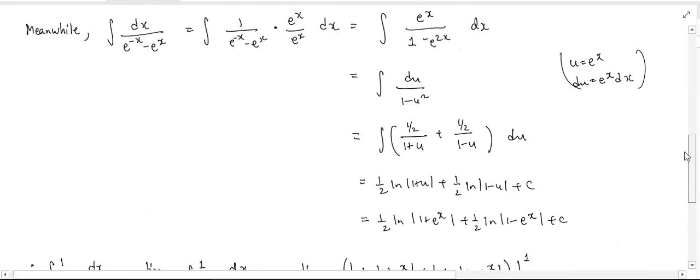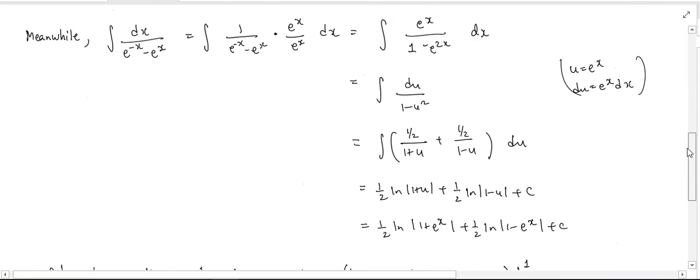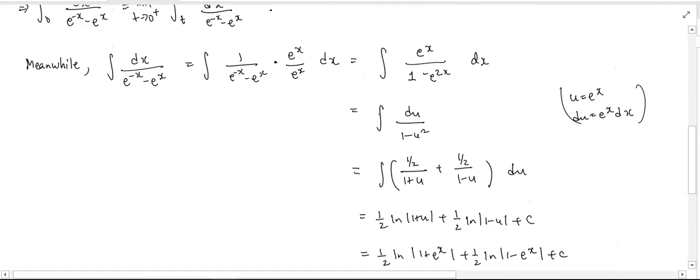I said earlier na may second solution. Actually, yung second solution ay dito lang, no, sa pagkuha lang ng antiderivative. What you can do kasi is, you can recognize that this is also equal to negative 2 over, negative 1/2 over e raised to x minus e raised to negative x over 2 dx.